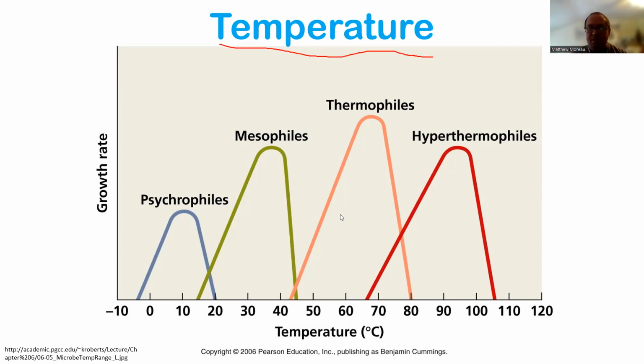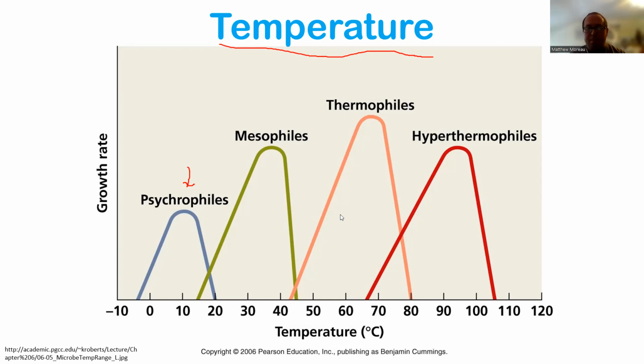Temperature obviously, like we showed you before, affects enzyme functionality and the ability for cells to grow in certain conditions. Certain temperature ranges define them in a classification scheme. We have psychrophiles, which can grow from sub-0 degrees centigrade all the way up to 20 degrees centigrade.